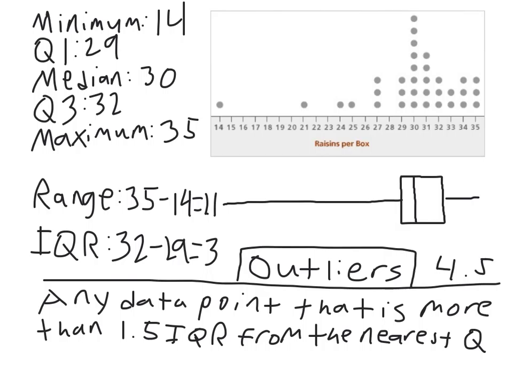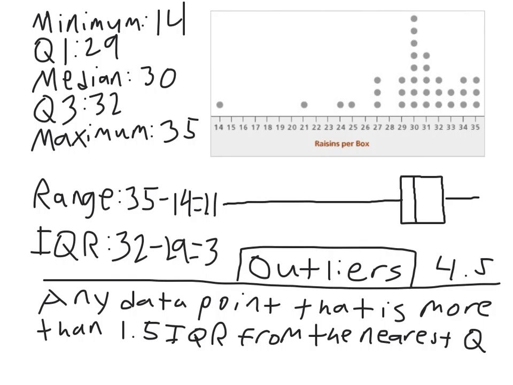So no outliers on the right side. The left side, however, the quartile 1 is 29, so 4.5 less than that would be 24.5.